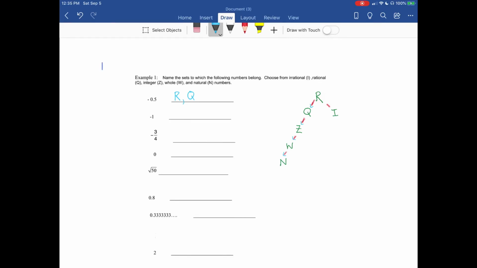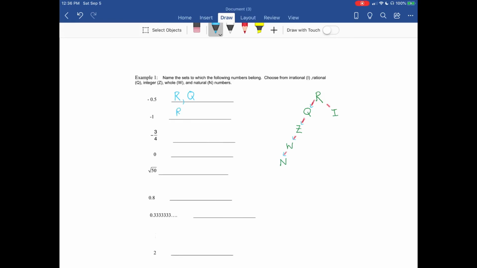Since we have a decimal, remember, integers are positive and negative whole numbers and 0. It's not an integer. So that's the only solution that we have for negative 0.5. I might pause this and try to do the rest of them on your own and see if you end up with the same results.